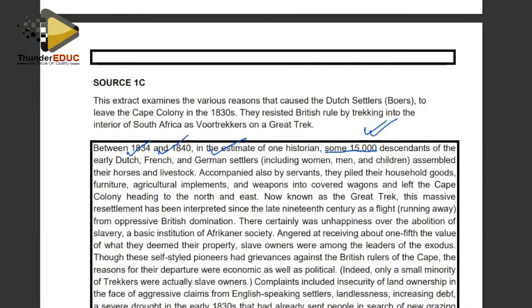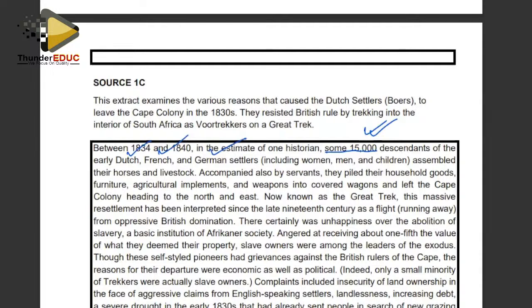It's something of substance. If it just says between 1834 and 1840, a large number of people gathered and started to move away from the Cape Colony, there is nothing useful there. One, we don't know how many they were.